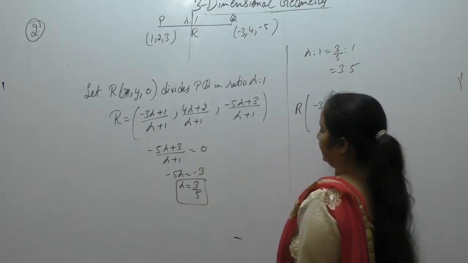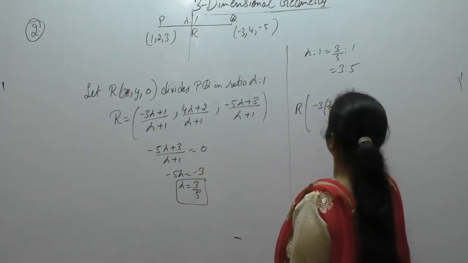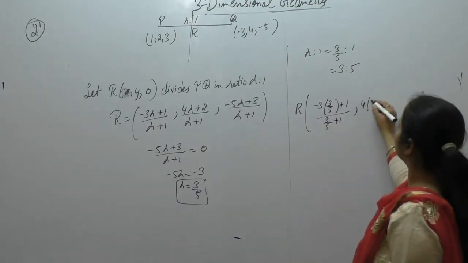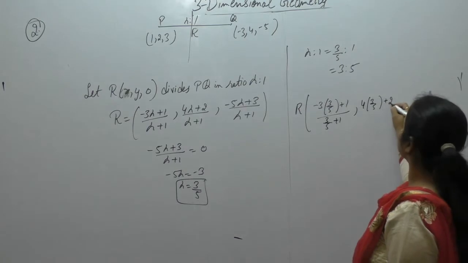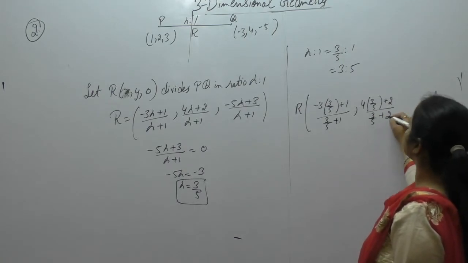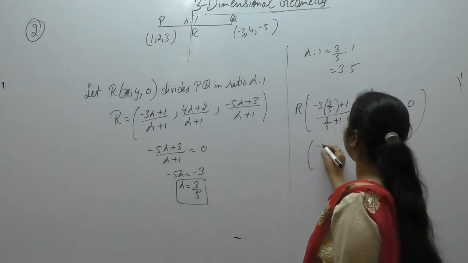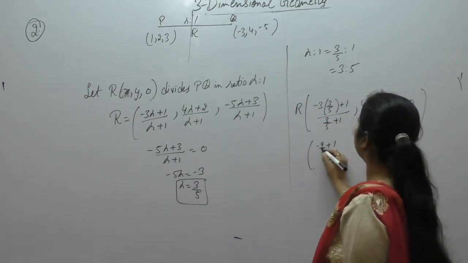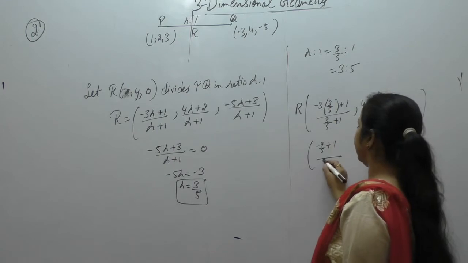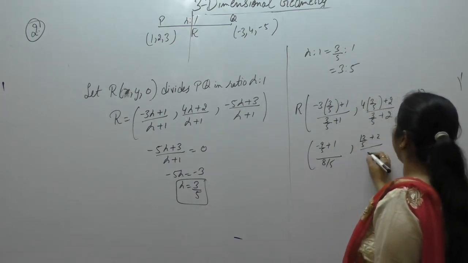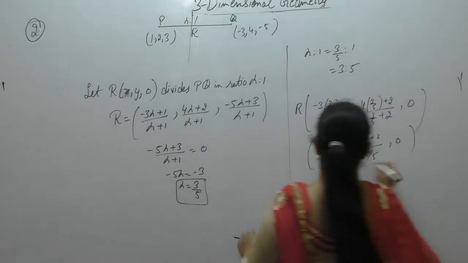Minus 3, lambda is 3 by 5 plus 1, 3 by 5 plus 1, 4, 3 by 5 plus 2, 3 by 5 plus 2. Z coordinate of that will be 0. Minus 9 by 5 plus 1, 5 plus 3, 8 by 5. 12 by 5 plus 2 upon 8 by 5, and 0.